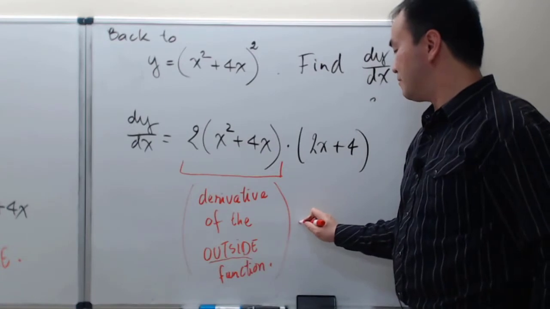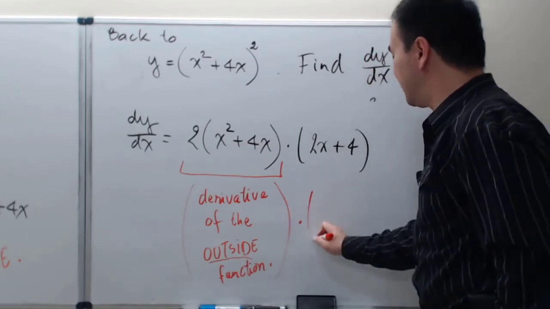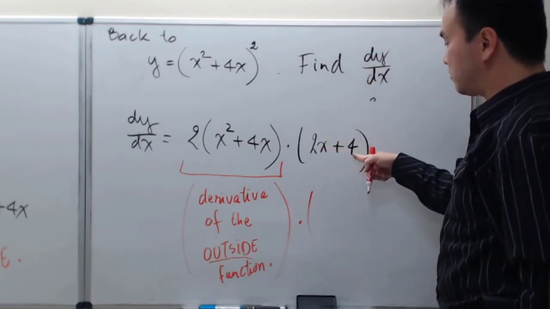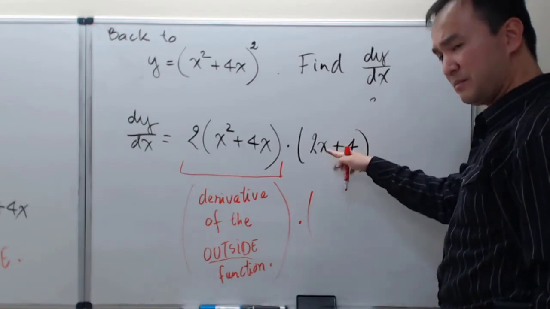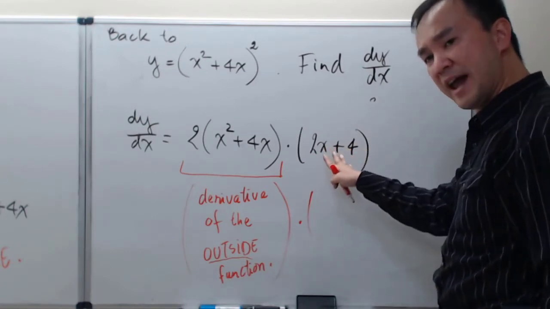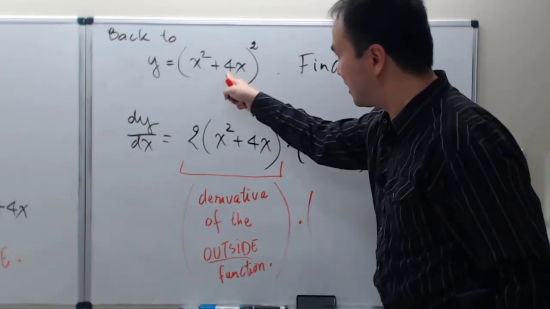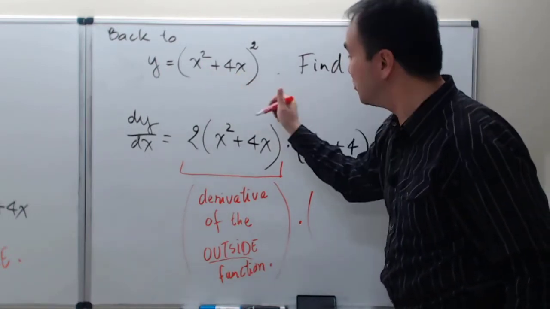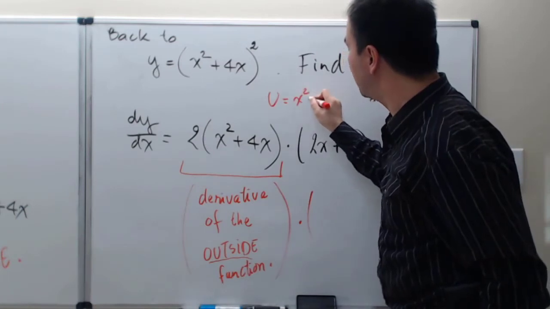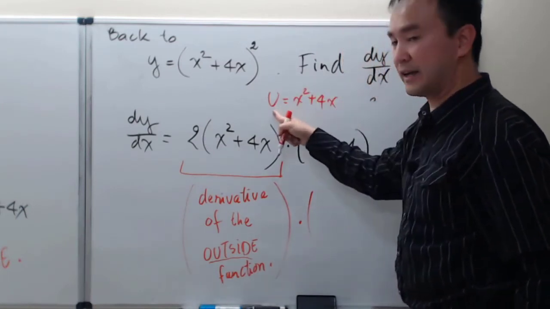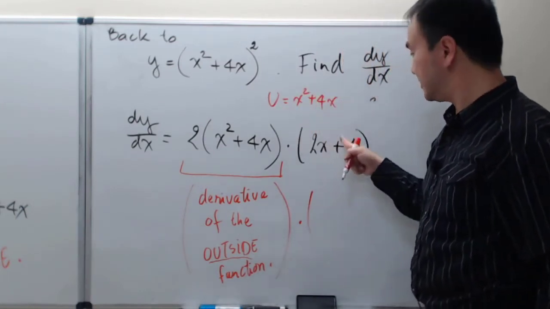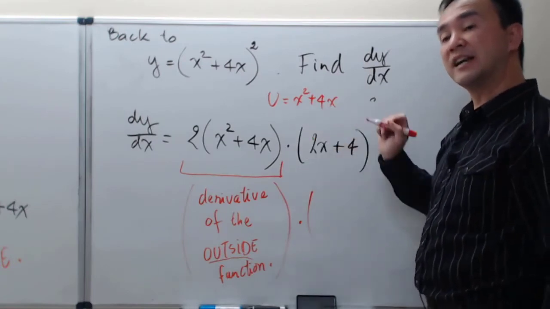And then we multiply with the derivative of, see, where did this come from? The 2x plus 4, formally it's the du dx, right? It came from that substitution u equals x squared plus 4x. So I recall again, this is the inside expression, and this is the derivative of the inside expression.